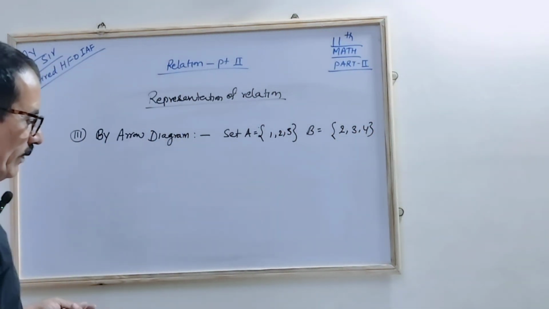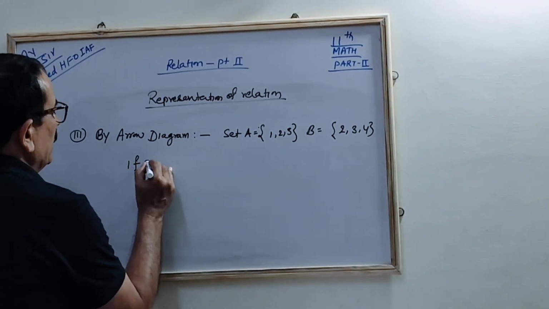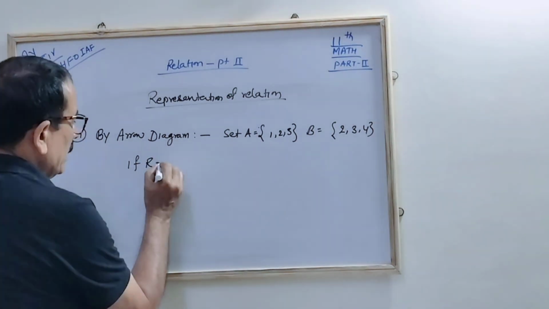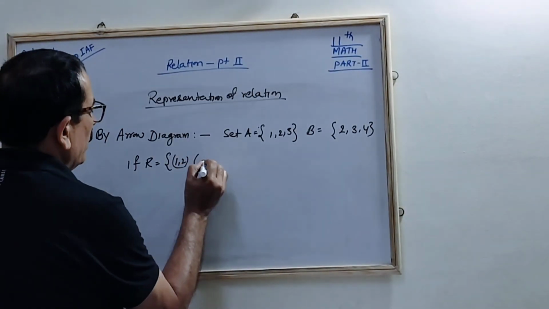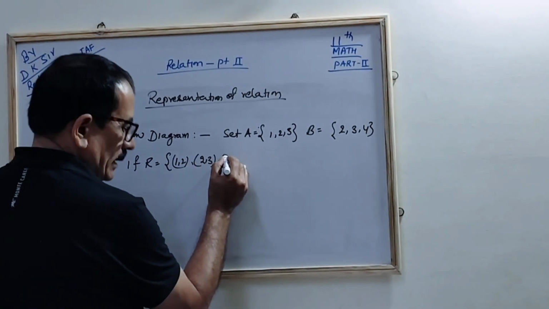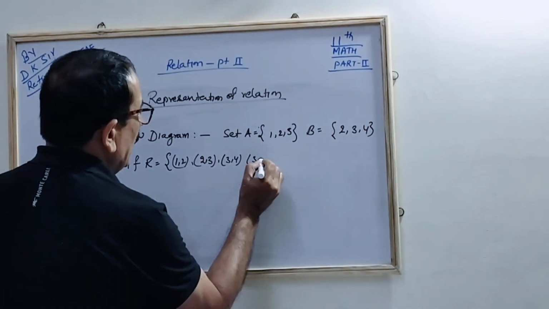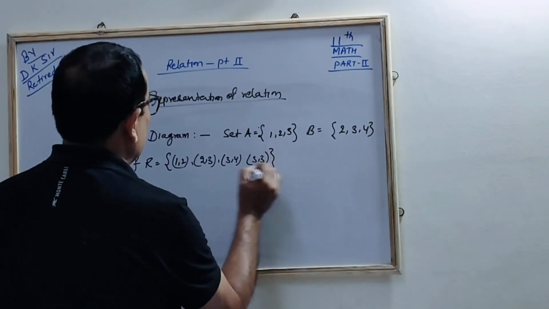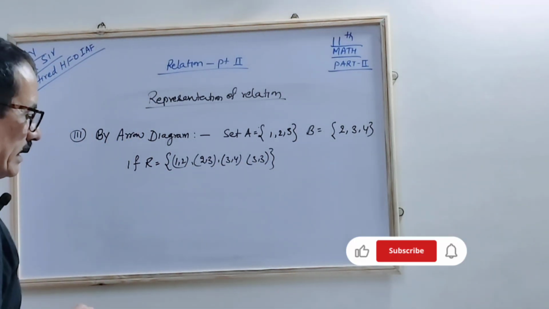Then the relation can be in a different way also. Suppose the relation has the elements (1, 2), (2, 3), (3, 4), and (3, 3). Suppose this is the relation between set A and set B.